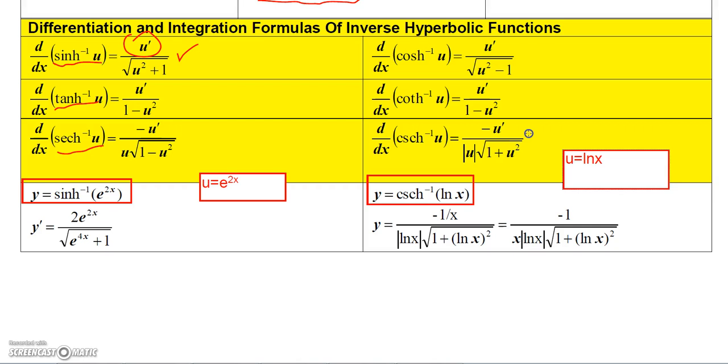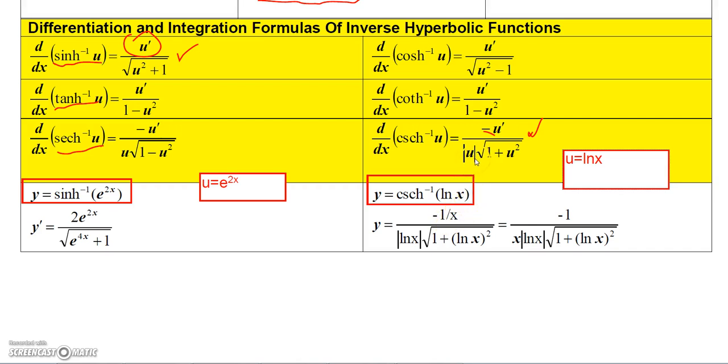Looks like it would be this one here. So in the numerator I would put minus u prime. Okay, what is u prime? Well, if u is natural log of x, then u prime would just be 1 over x. So since I do minus u prime, I'll have minus 1 over x here in the numerator.